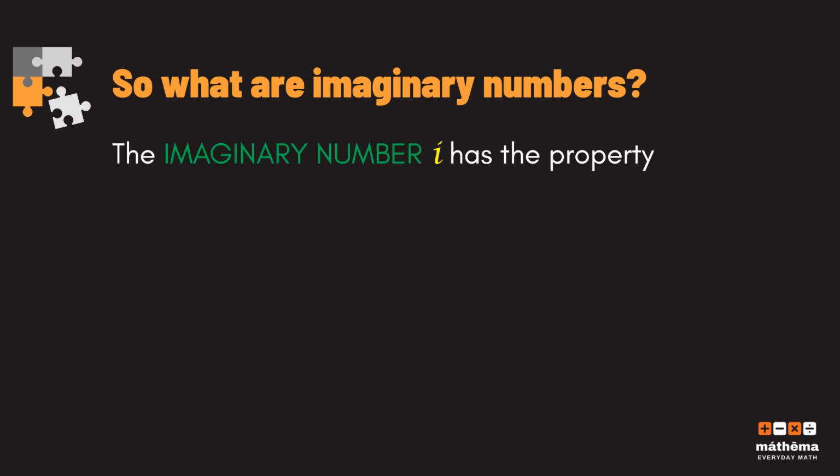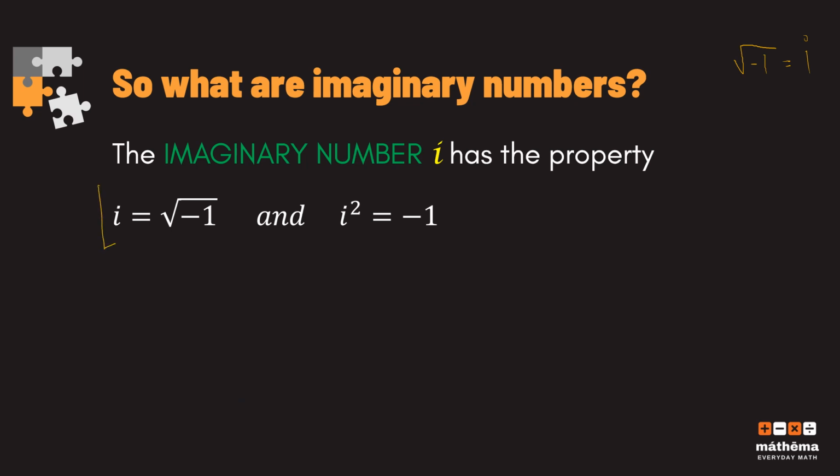The imaginary number, denoted by our friend i here, has the following properties. Number 1, i is equal to the square root of negative 1. So if we get the square root of negative 1, that is just equal to i.